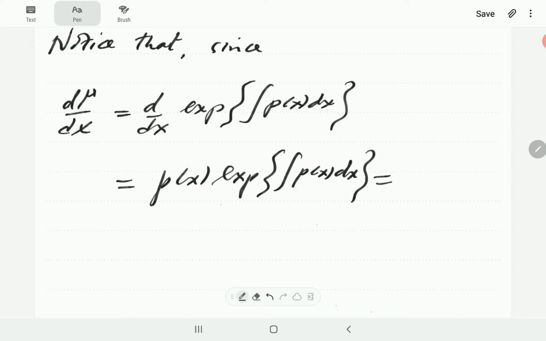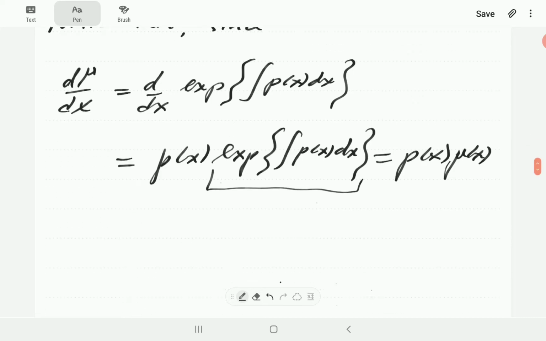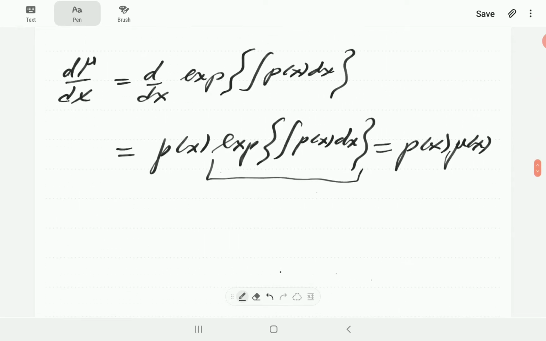Now notice that this is just mu, so we can write this as p of x times mu of x. So what this is saying is that mu prime is mu times p.